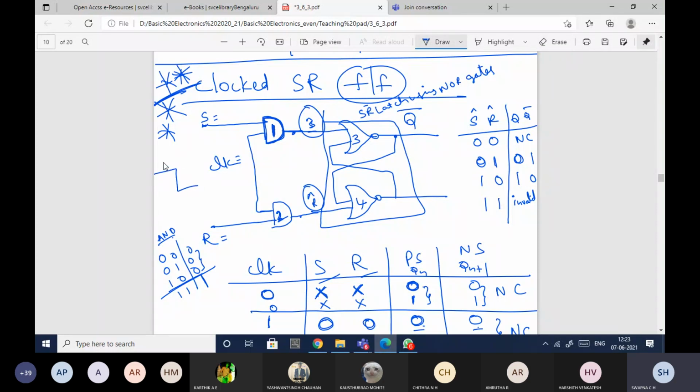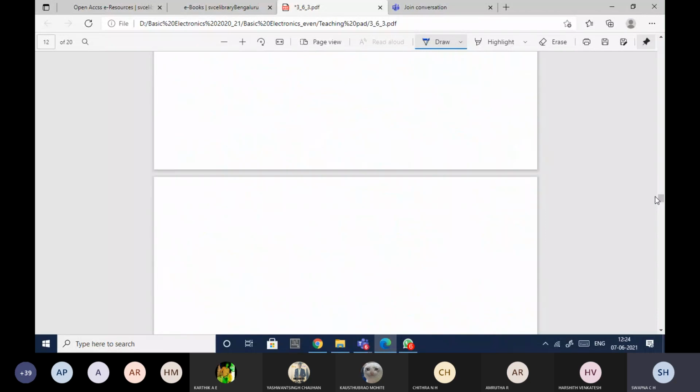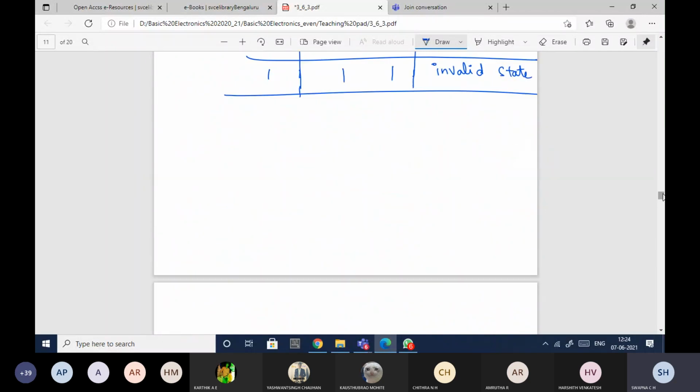Again, I need to analyze when the clock is 1 and when the clock is 0. First I'll take 0. Irrespective of S and R values, the output of the first AND gate will be equal to 0 and the output of the second AND gate is also equal to 0, because one of the inputs to the AND gates is 0. I'll write the truth table for this also: clock, S, R, Q, Q bar.